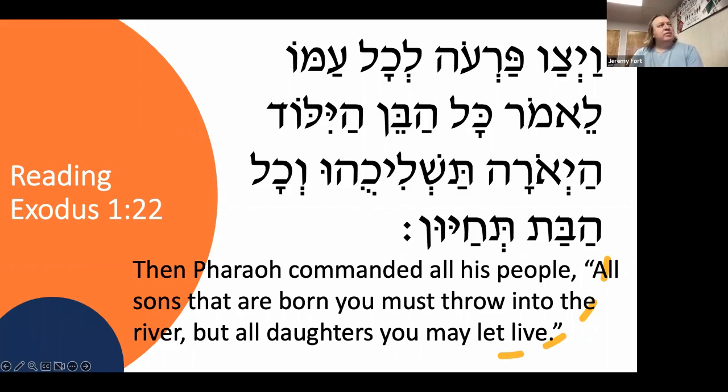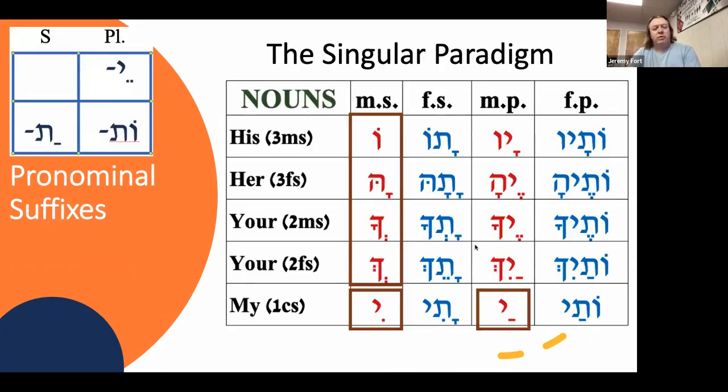I think it's a little poetic. All the daughter, or you could say every daughter. You could translate that way: every son born towards the Nile, you shall cast them, and every daughter you may let live. You could do it that way. Right.